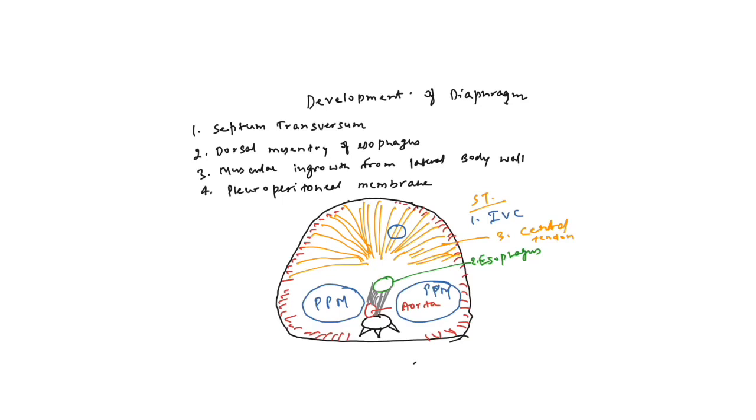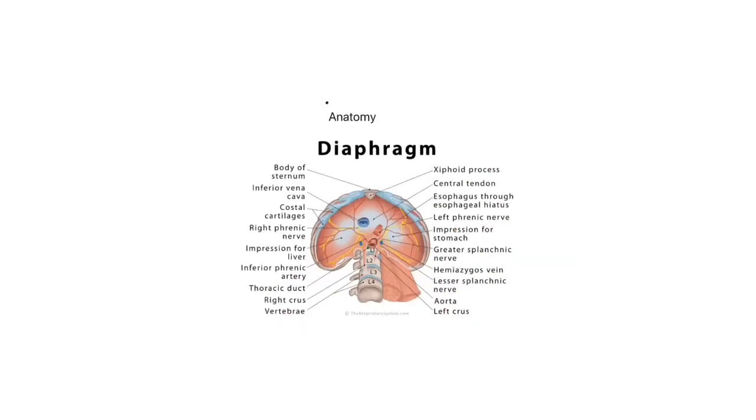So now, what is the significance? So this is the anatomy of diaphragm. This is abdominal view. So this is the right side, this is left side. On right side we can see this is the opening for inferior vena cava lying in the central tendon. This is esophagus through esophageal hiatus. This is the opening for aorta.